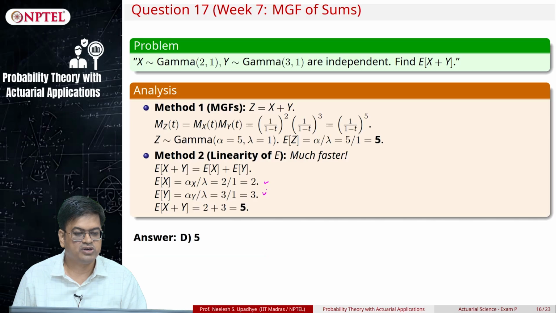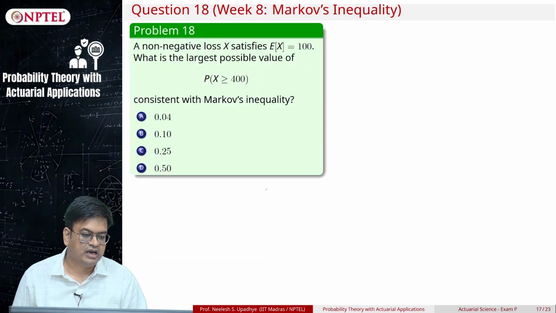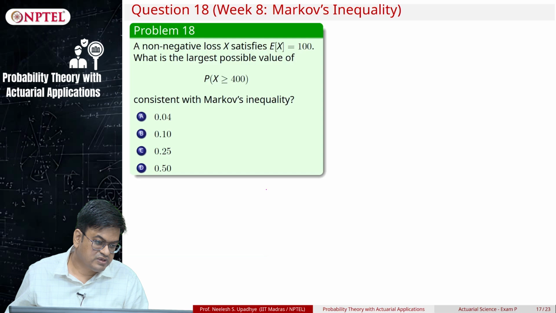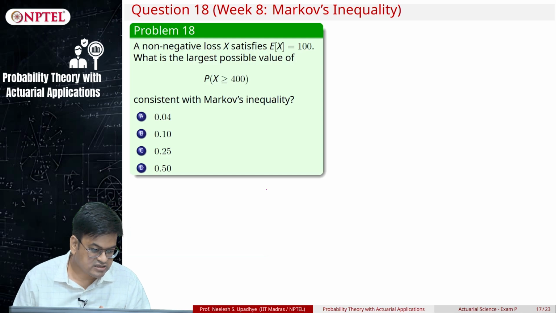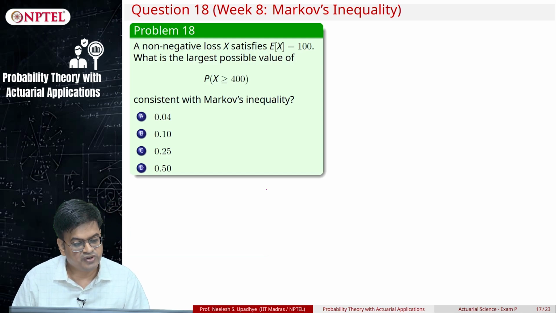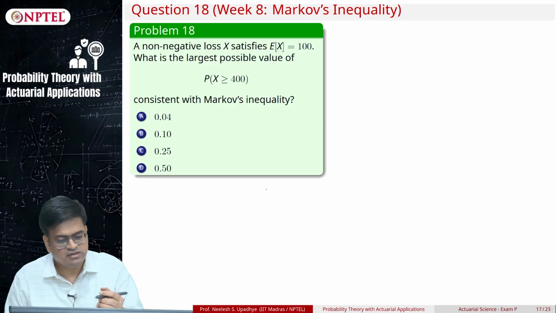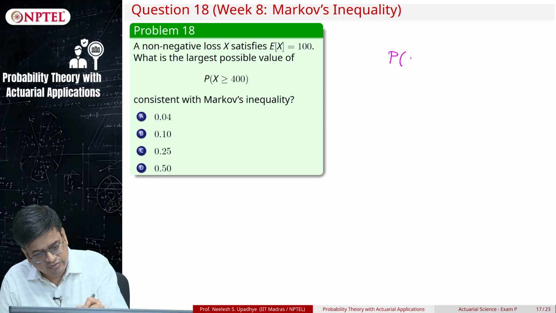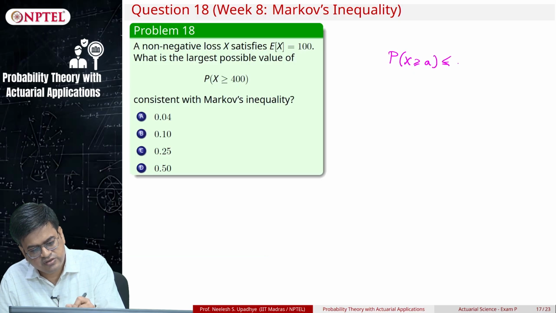Okay. Let us move on to the next problem. Here you are asked to find the probability of X greater than or equal to something, a tail probability where only the mean is given. So, definitely this is going to be a Markov inequality problem, and for Markov inequality we need a non-negative random variable. So, probability of X greater than or equal to a is less than or equal to the expected value of X upon a.